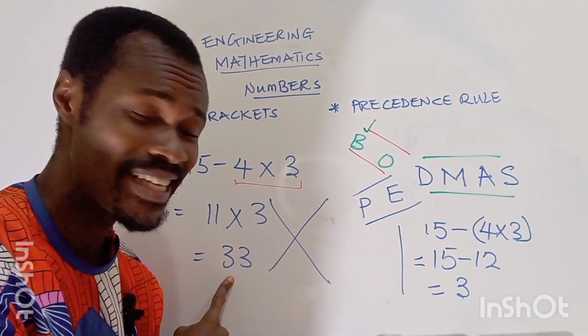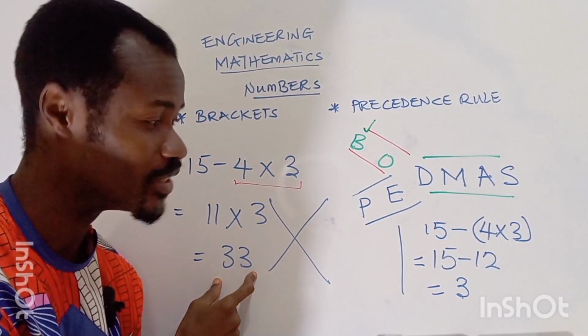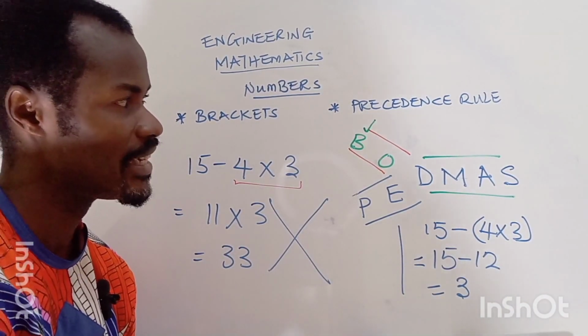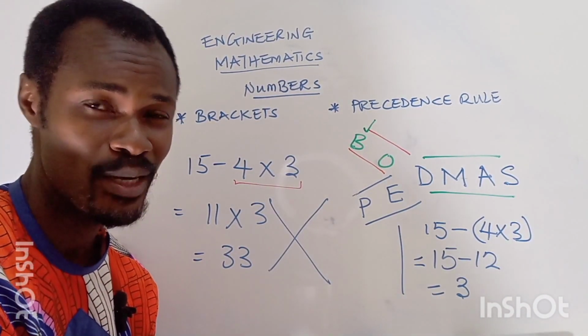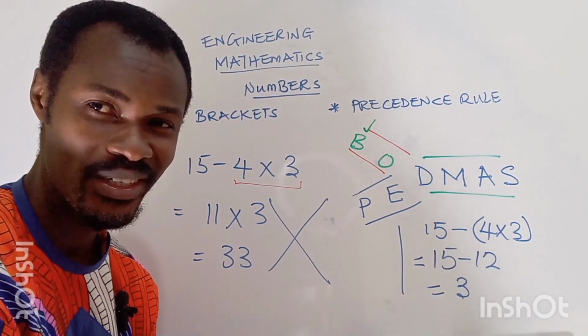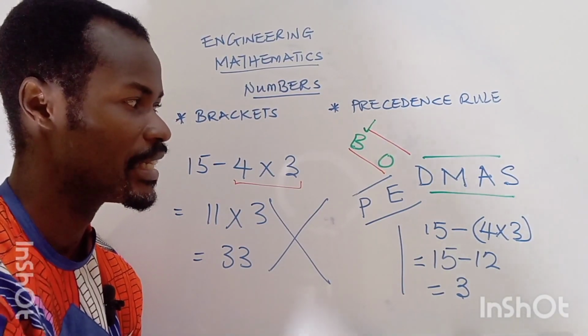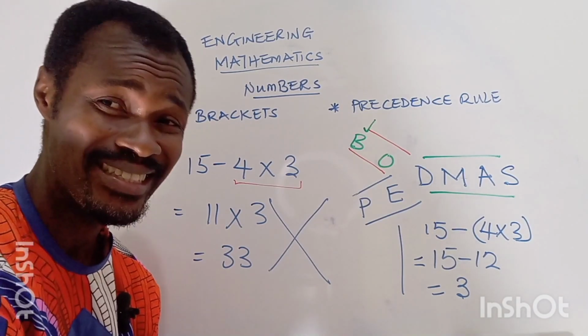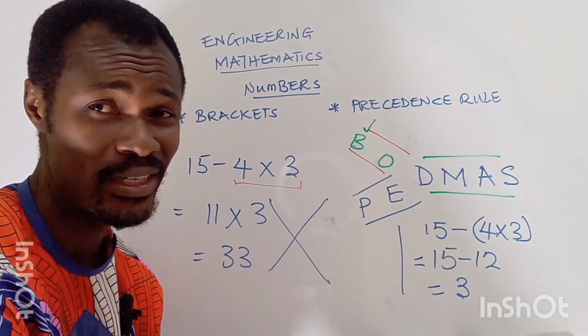So in competitive exams, you may see this as an option. You may also see this as an option. But like I said, the precedence rule is all about what? Having an order in terms of using the basic operations in maths for consistency in answers all over the world.